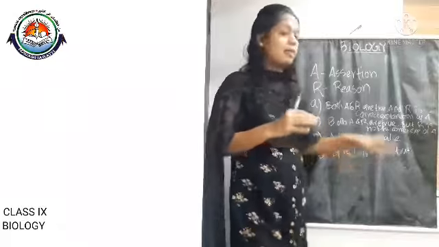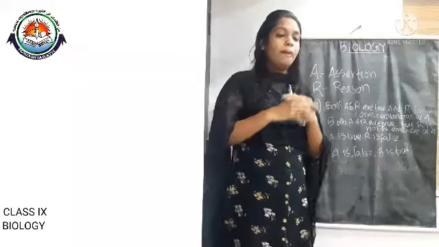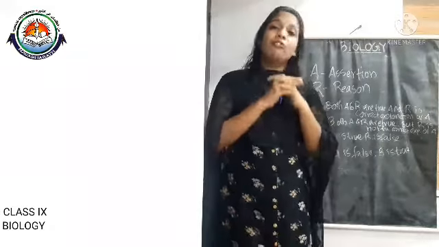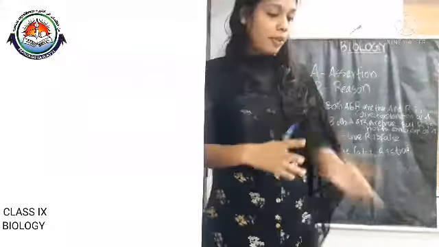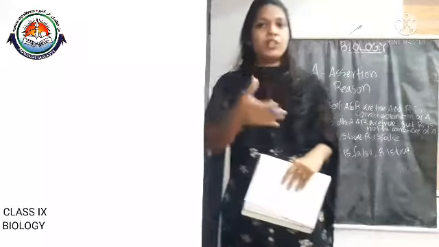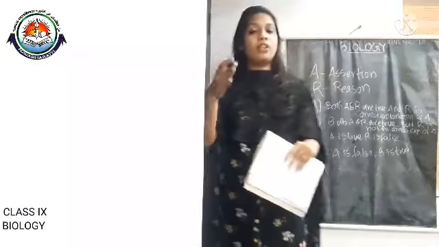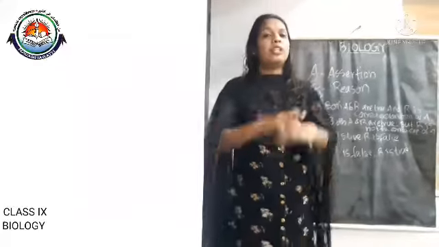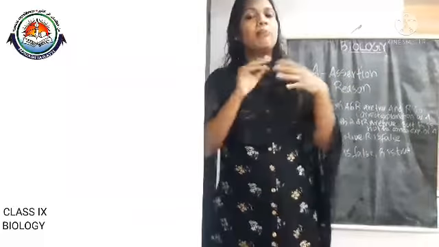Because the assertion is that meristematic tissue constitutes the major portion of the plant body. That is false, because we know that after differentiation, meristematic tissue gives rise to permanent tissue, and this permanent tissue will constitute the major portion of the plant.